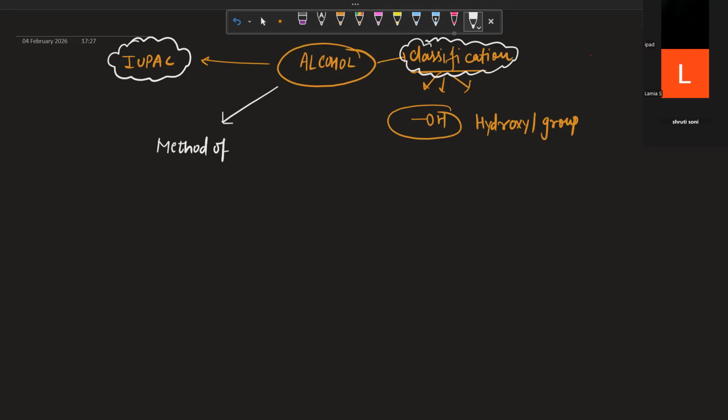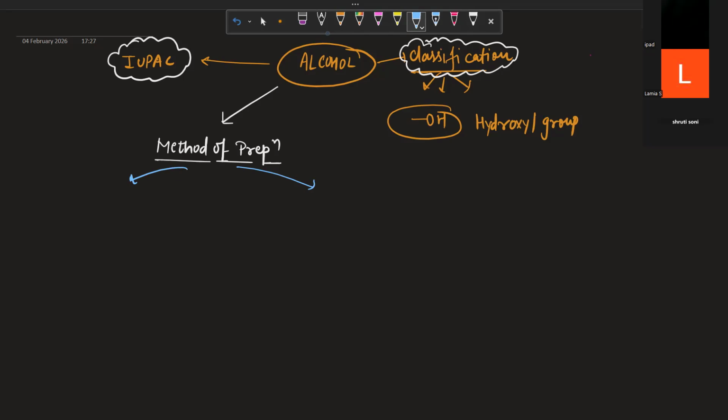Then we discuss methods of preparation, meaning how we can prepare alcohol. How many methods will we discuss? Two.